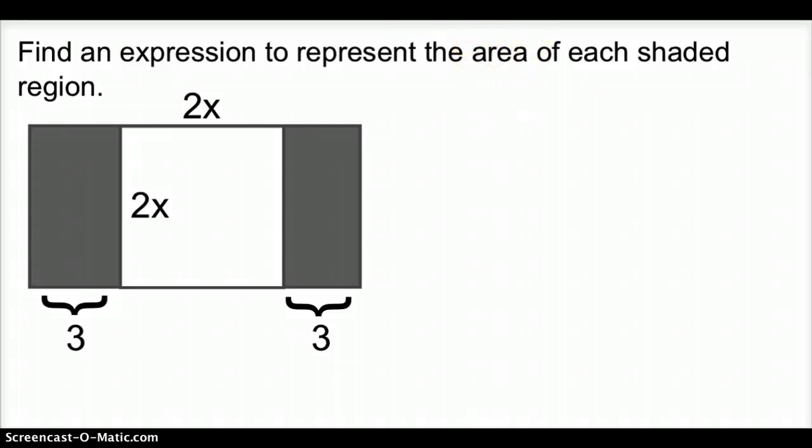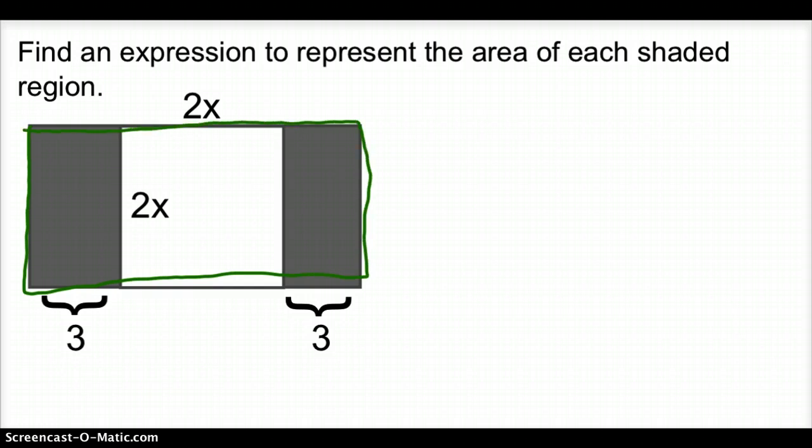Find an expression to represent the area of each shaded region. All right, so I'm going to find the shaded region here and here, what their total is. What I first have to do is find the total area of the rectangle, if I can trace it. Now I'm going to find the area of what's inside that green rectangle. So how do I find that?